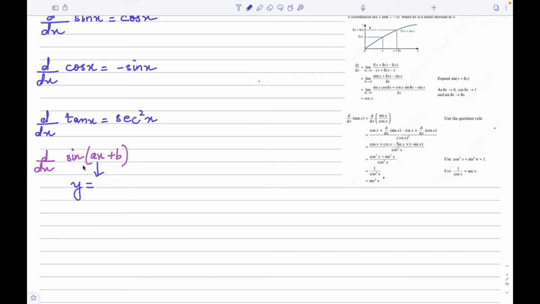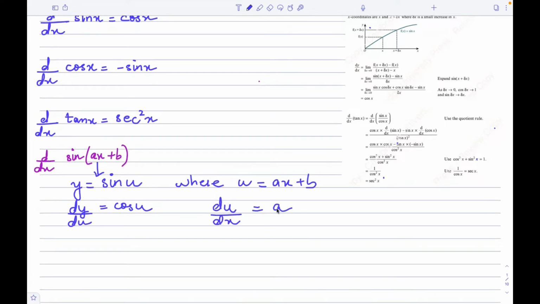So let's say we write this whole function as y equals sine u, where u equals ax plus b. Now differentiating y with respect to u, dy by du would become cos u, and the derivative of u with respect to x will become a.